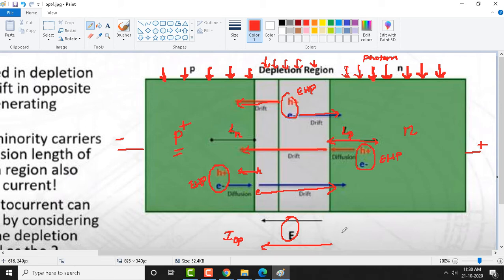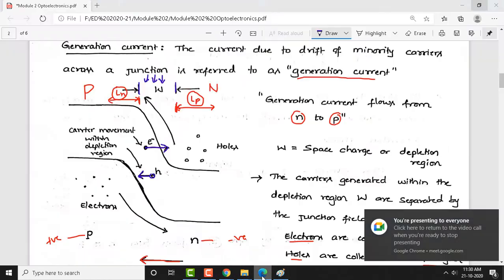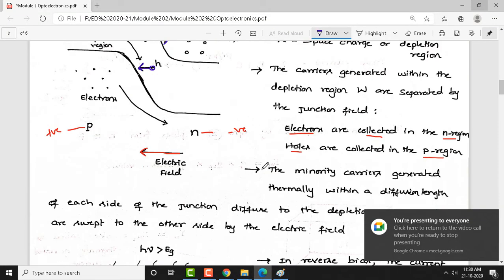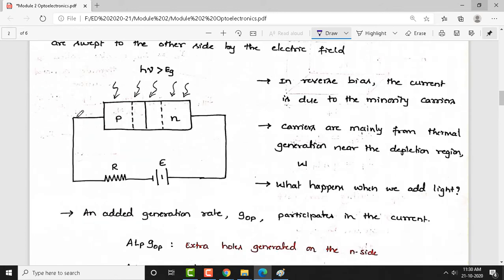Now, let us go back to the material. I hope you understand the mechanism of the hole movement, electron movement and the current direction in this optoelectronic device. Now, we have discussed so far that when you apply this reverse bias, as you are seeing in this circuit diagram, we are not giving any potential here, we are just connecting with reverse bias, that is all.